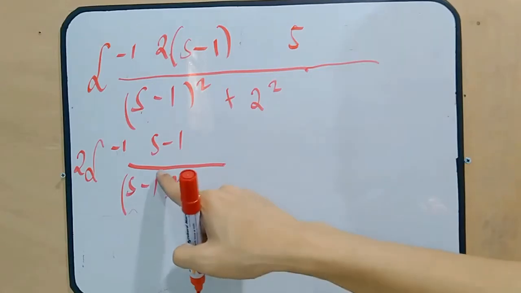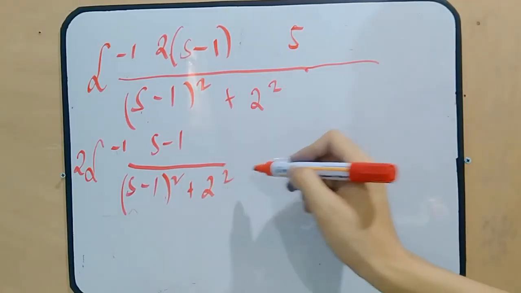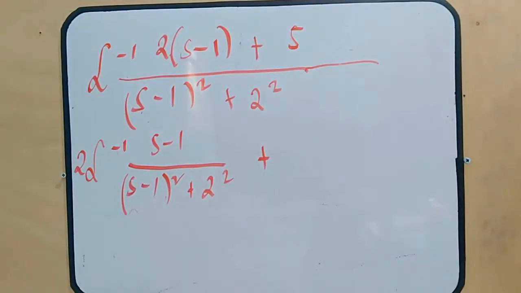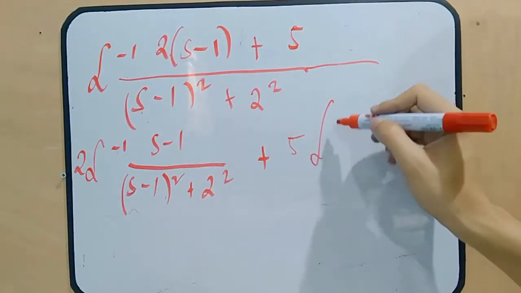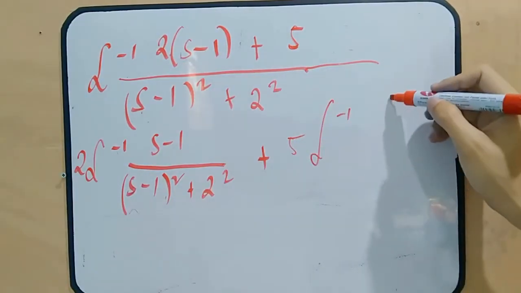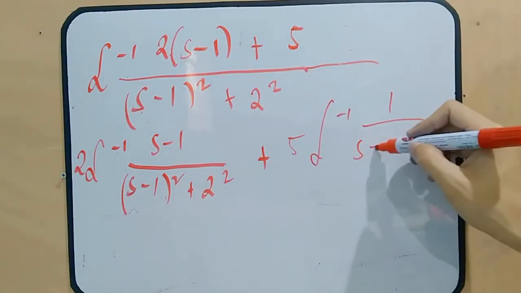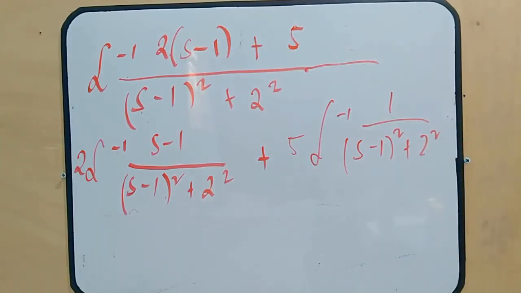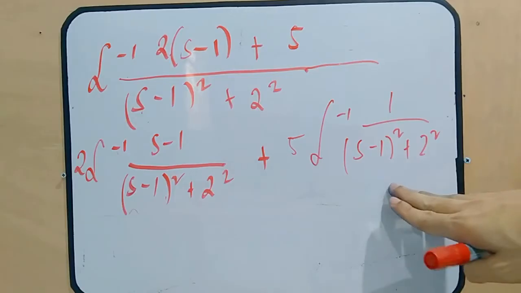See here guys na nakuha na natin yung formula. So this is plus 5, ilabas natin, the inverse Laplace transform of 1 over s minus 1 squared plus 2 squared, kasi nilabas natin yung 5. Now, ito okay na siya. Direkta na yan. Dito tayo medyo may problema.